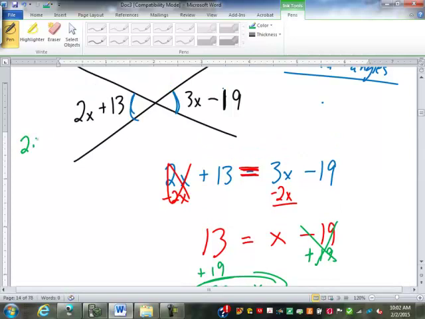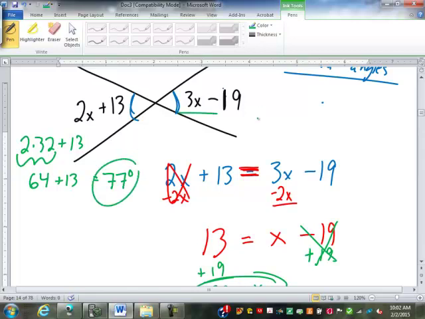So this is 2 times 32 plus 13. 2 times 32 is 64, plus 13 is 77 degrees.